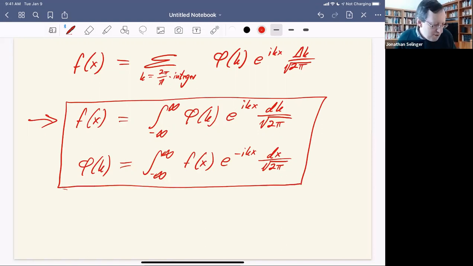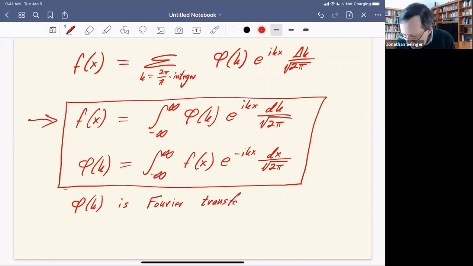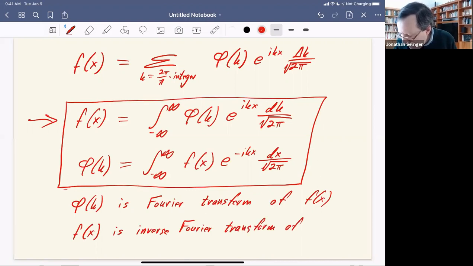Okay, so this corresponds to what hopefully you learned in math classes. Right? And the words that people say are that phi of k is the Fourier transform of f of x, and f of x is the inverse Fourier transform of phi of k.